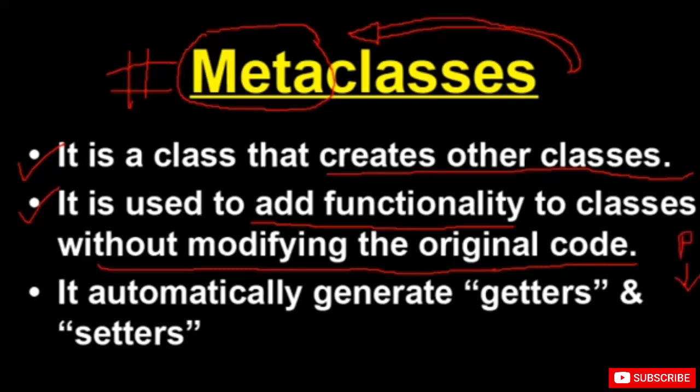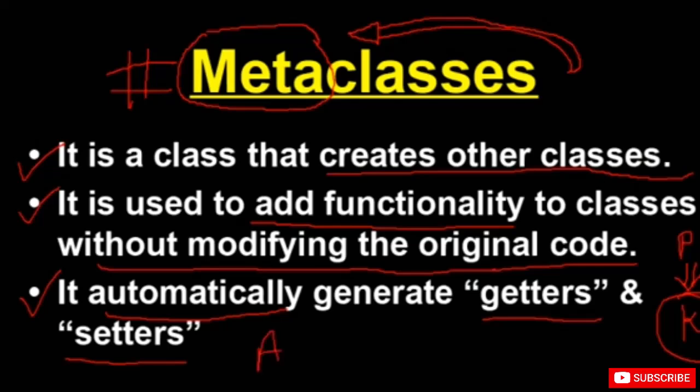They inherit a few skills, but they also learn new skills, and that is because of metaclasses. Now the third point is that it automatically generates getters and setters. These are important terms in advanced programming, which we have now reached. We are going to learn that in the program itself. So for now, let's proceed.